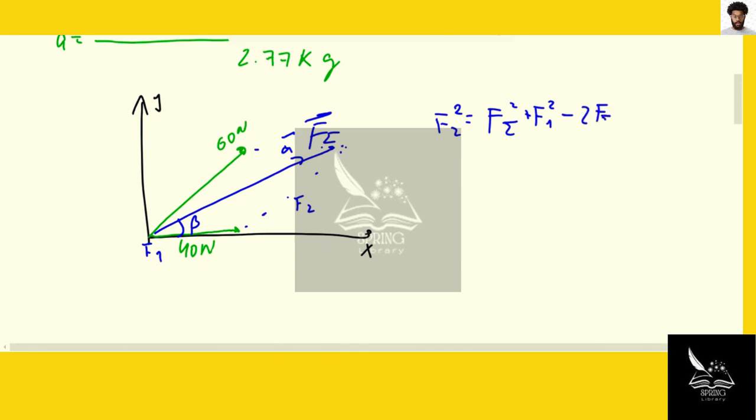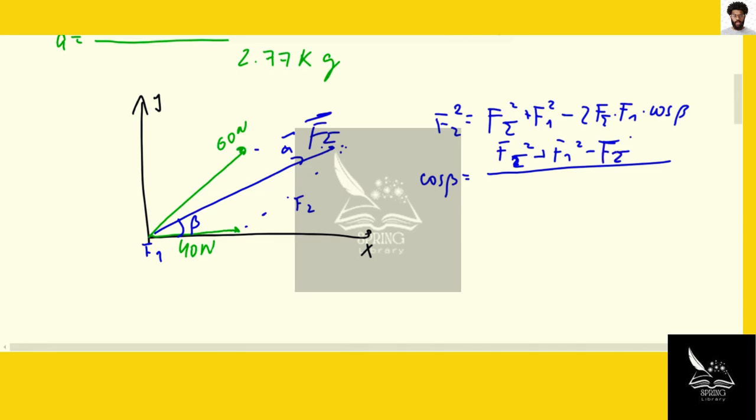Beta is the angle between F1 and F total. So from here, cosine beta equals F total squared plus F1 squared minus F2 squared, divided by 2 F total F1.